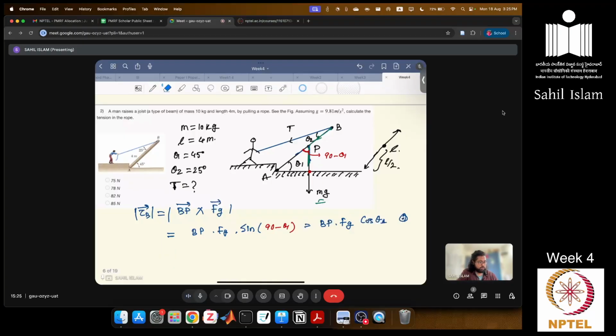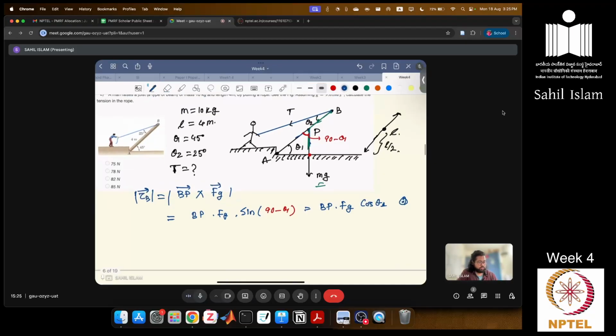Okay, now what is the torque given by this rope, at this point B? So tau, let's say man, m, will become AB cross this. The man is holding this whole thing.